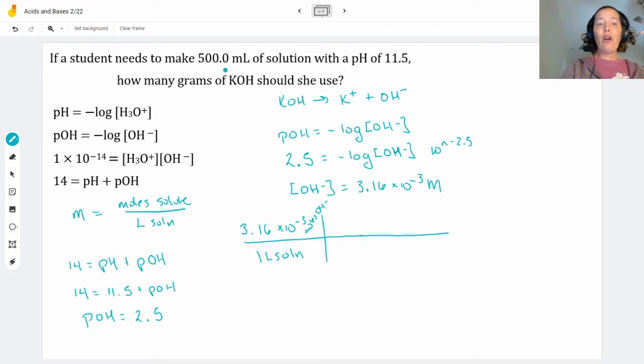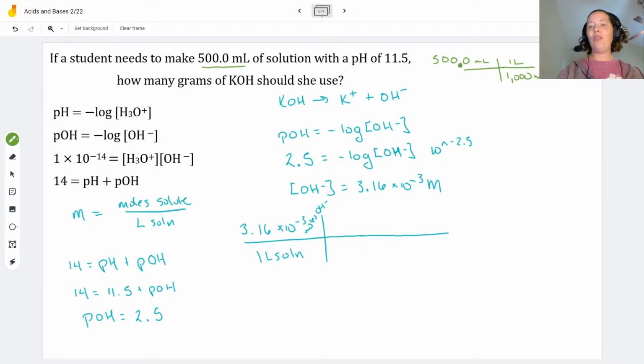All right, I know my liters of solution. Well, I almost know my liters of solution. I just need to do a little conversion there. So if I have 500 milliliters, this is just a really simple conversion. You're just going to divide by 1,000. Of course, 0.5 liters.